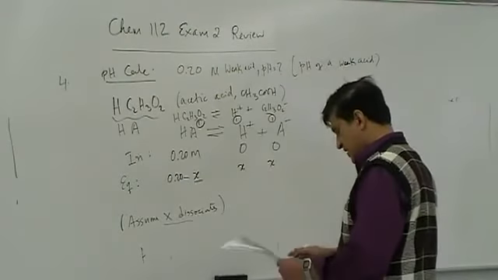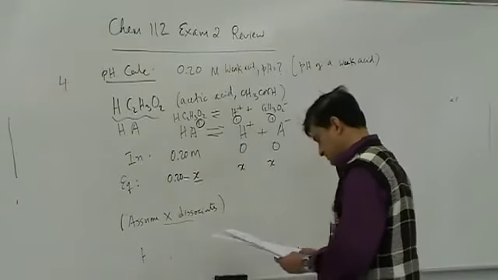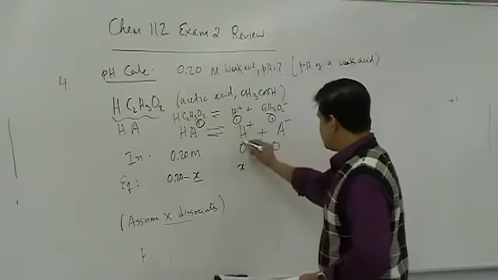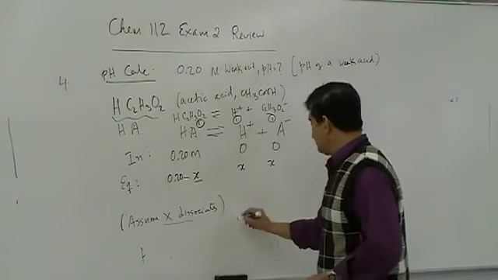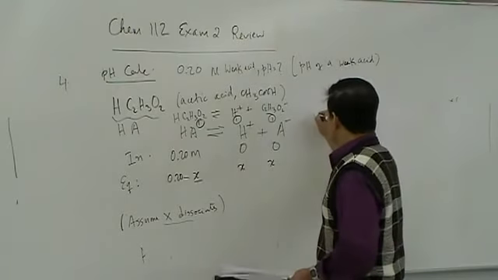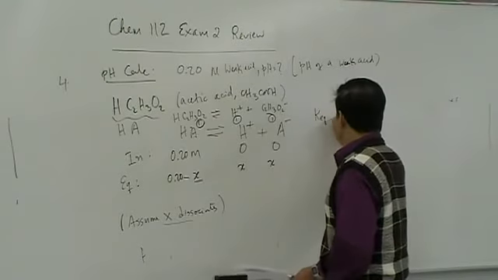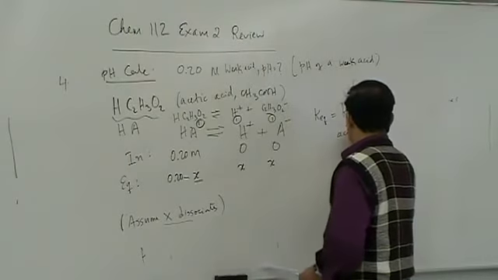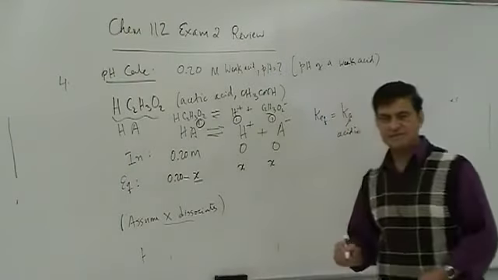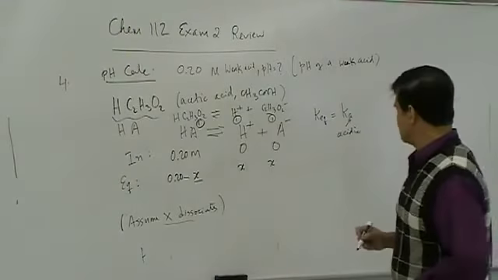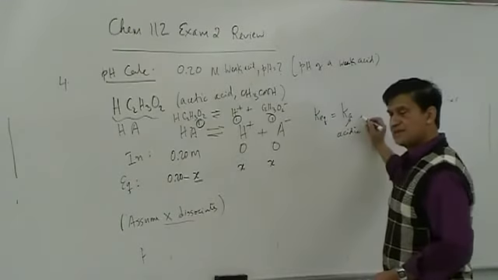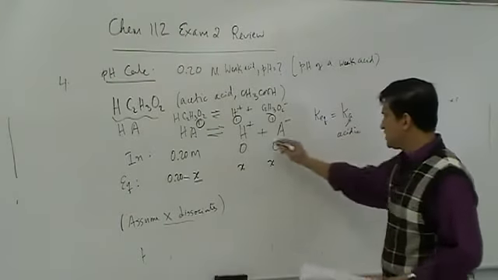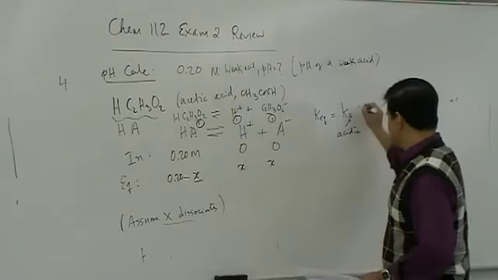And now I can set up an equilibrium expression. This is an acidic reaction. K equilibrium, we're going to write down as Ka. A for acidic reaction. In this chapter, you see a lot of these different subscripts. A for acid, B for base, so Ka means equilibrium involving H plus, which is an acidic reaction.